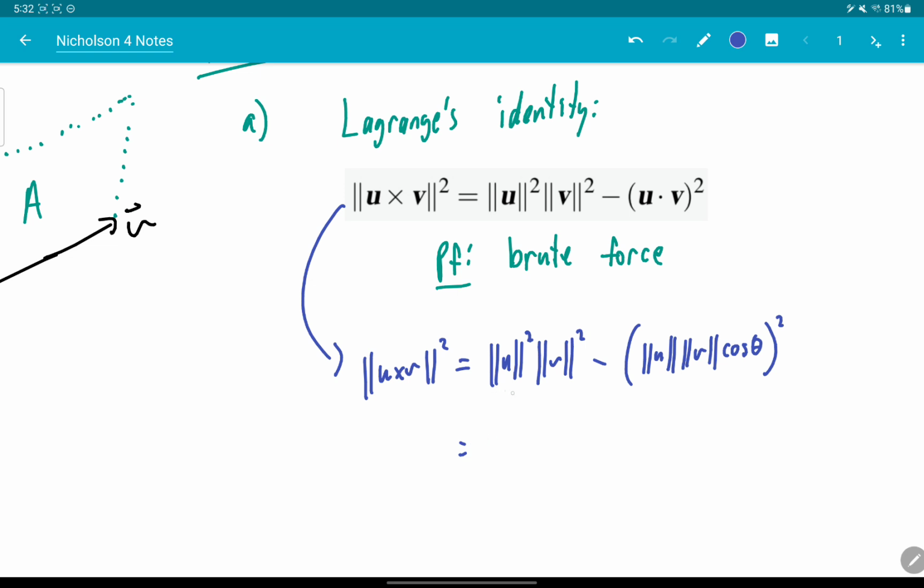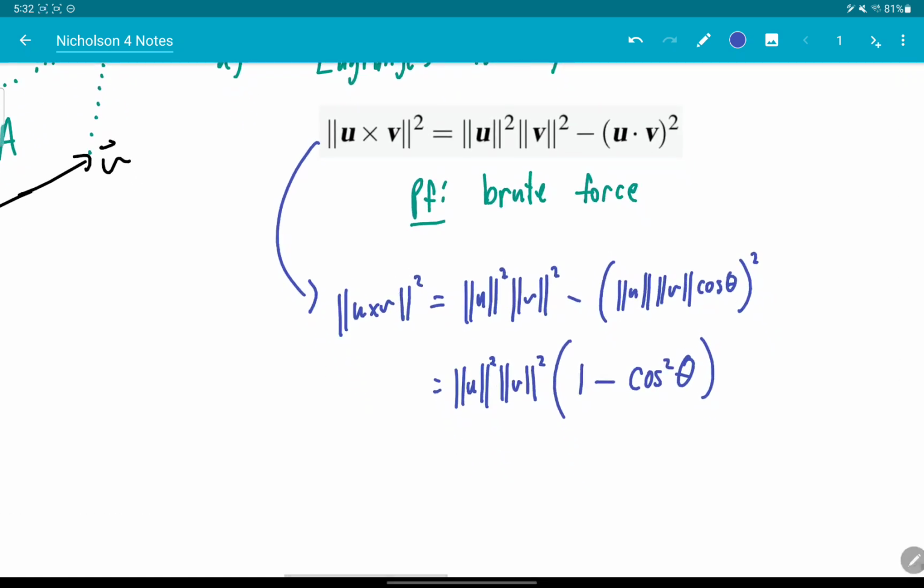Now what happens, I can factor out this quantity right here, and I get 1 minus cos squared theta. And what is 1 minus cos squared? That is exactly sine squared. So we are very close now.